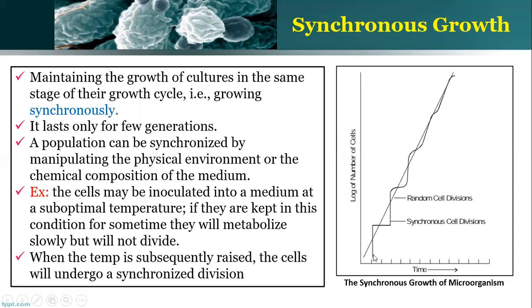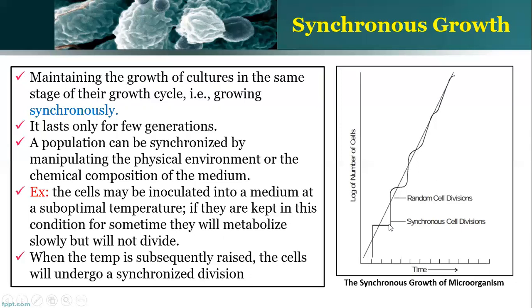In this graph, you can see that initially, if you inoculate the organism and incubate at suboptimal condition, and then transfer to the optimal temperature condition, the growth of the organism is rapid. Once you have incubated at a suboptimal condition, the growth is stagnant.